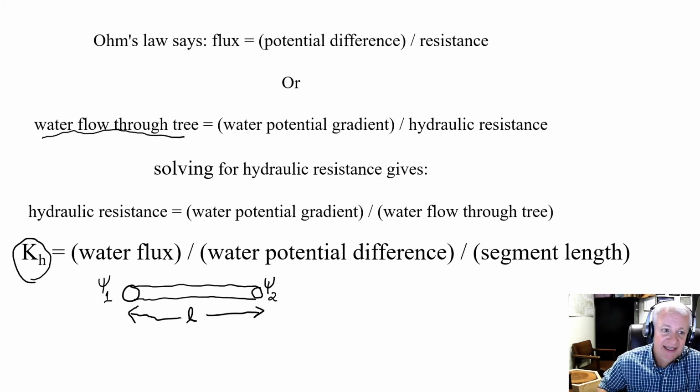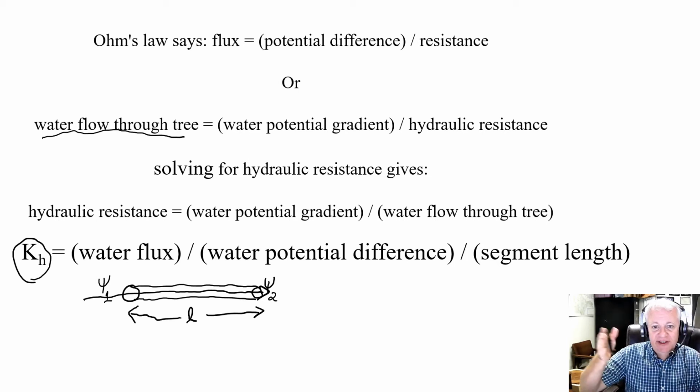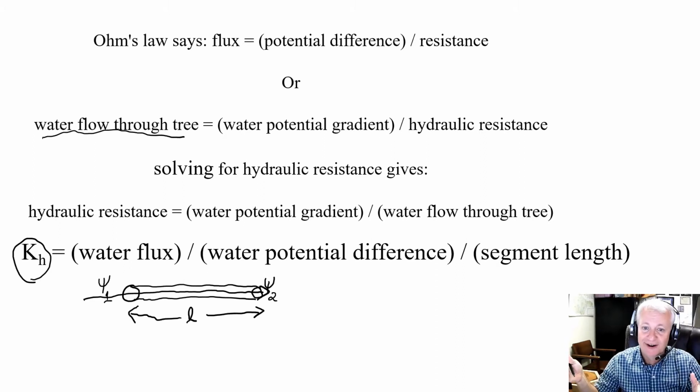That's basically exactly how we measure hydraulic conductance of segments of xylem. We will push water through a segment of xylem at a known pressure and measure the amount of water that flows out of the end. And that gives us everything on the right-hand side, and then we can calculate a conductance for that particular piece of xylem. So clearly, given, for instance, the same pressure difference, a xylem segment with a greater hydraulic conductivity will be able to move more water.